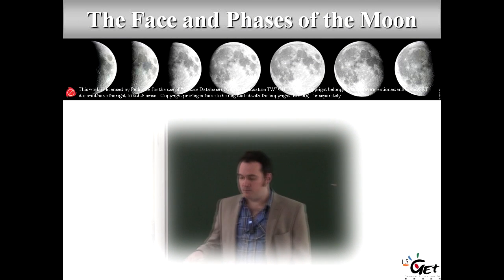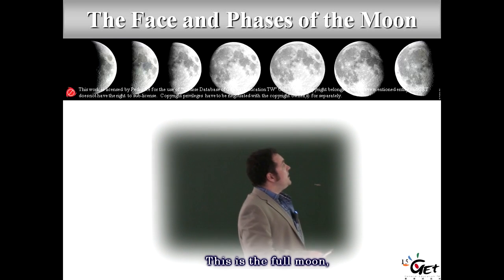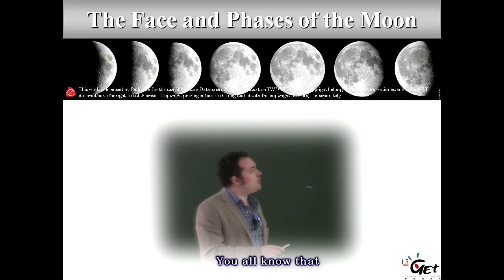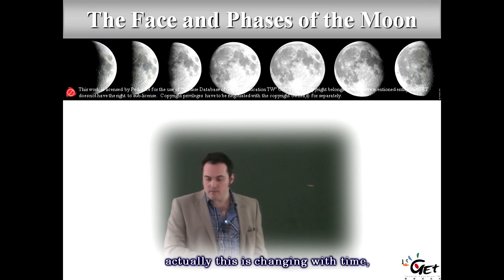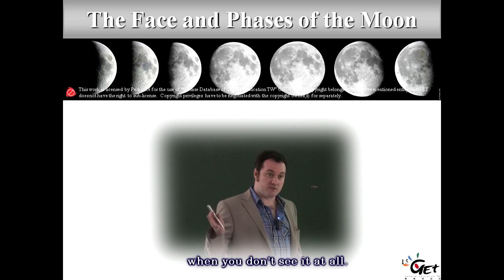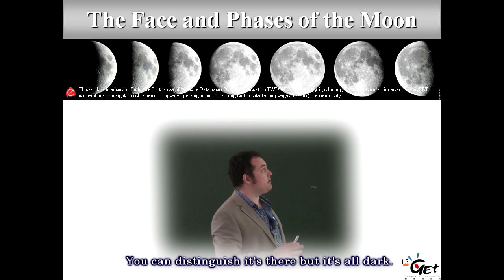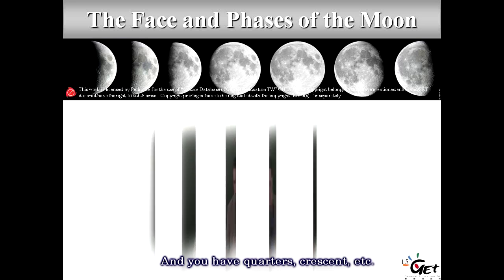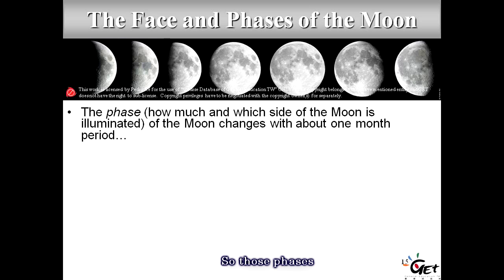Okay, so the moon. This is the full moon. So this is the phase you see when the moon is full. You all know that actually this is changing with time. There are phases of the moon, from the new moon when you don't see it at all, even though you can distinguish it's there, but it's all dark, and you have quarters, crescents, etc. Those phases correspond to how much of the moon is lit by the sun, is illuminated, and it changes in about a month.